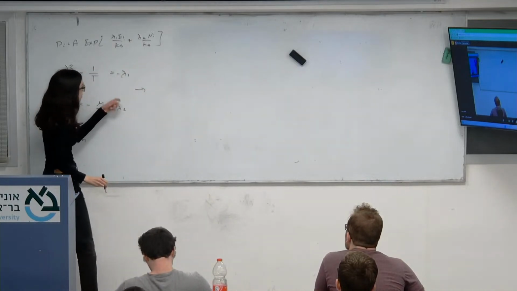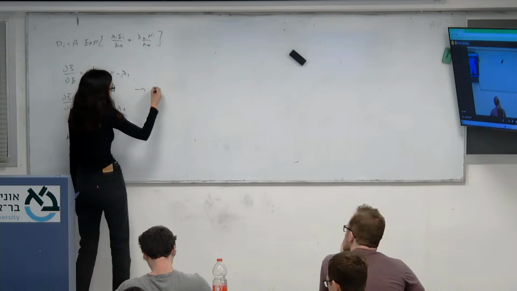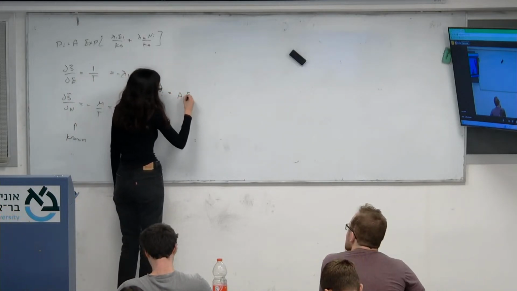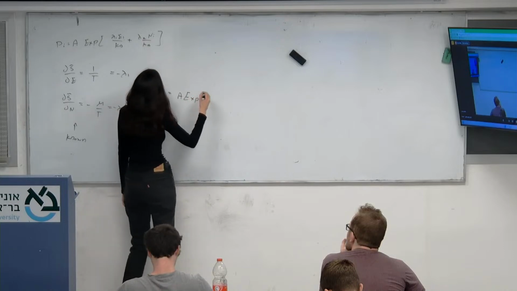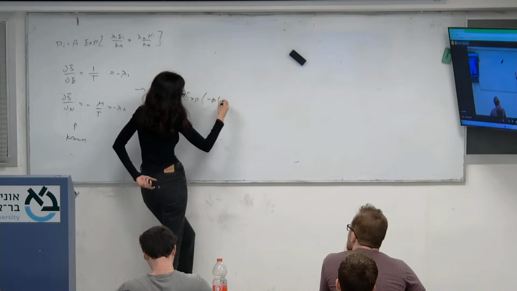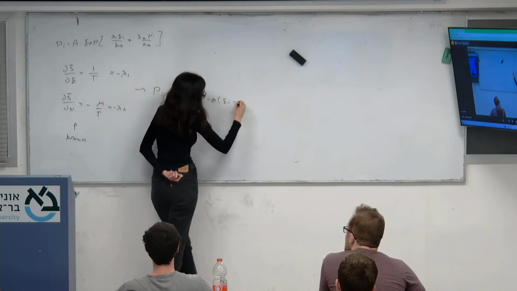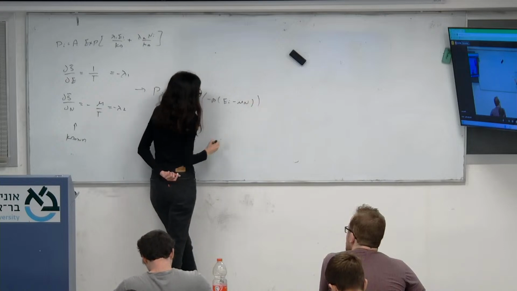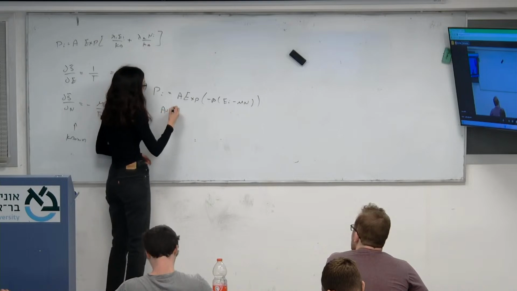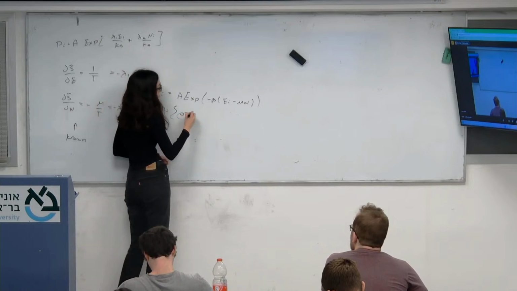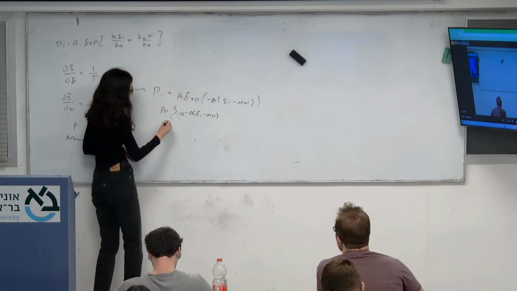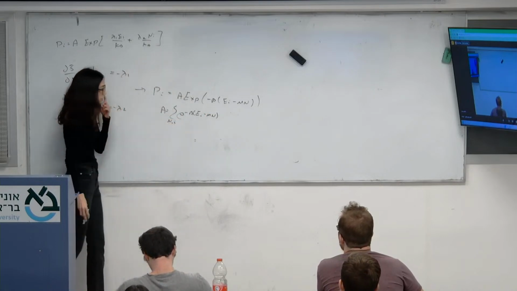Eventually, we take the lambda 1 and 2 that we find and we put it here. So we find that pi equal to a exponent of minus beta (e_i minus mu n). And then we know from normalization that a is just equal to the sum over n and i of e to the minus beta.